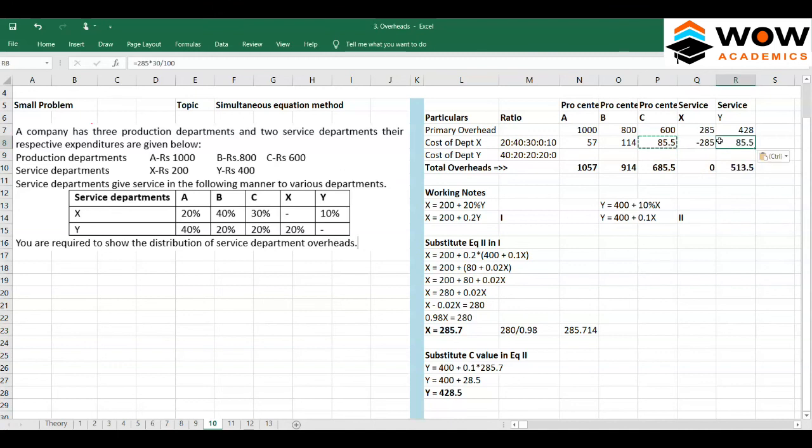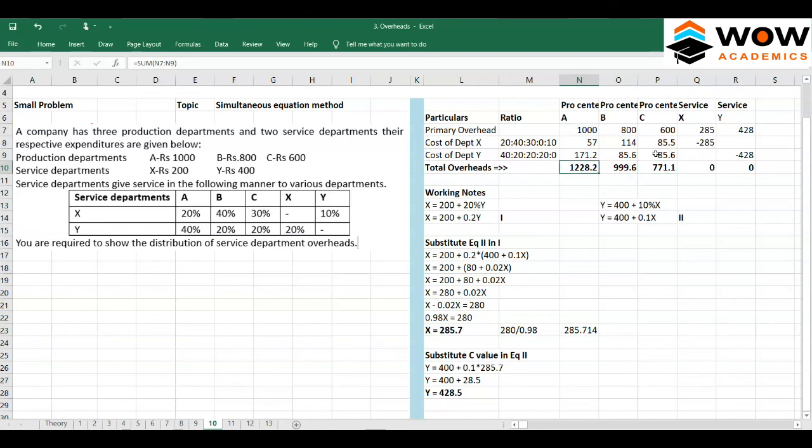Here it would be 10. Sorry, this 10 will not come. It's already added, no? So that will not come. So this is gone. Now this is going to be 428. So this is out of the picture. So the value would be 428 into 40 divided by 100. Okay, so we got the three numbers here.